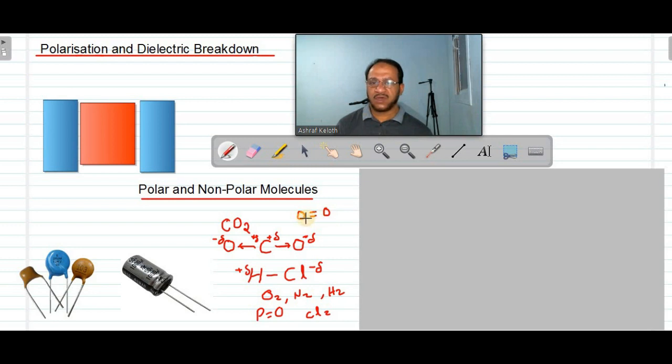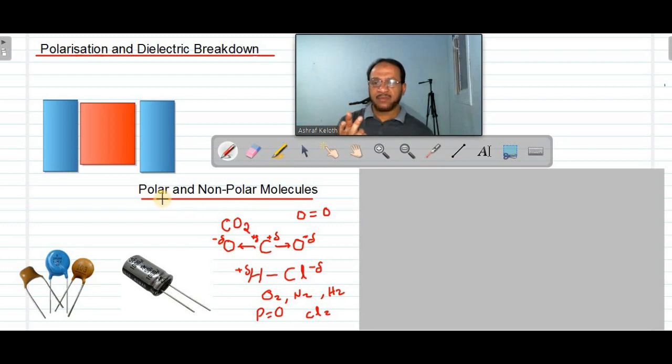So the forces, being equal and opposite, will cancel each other. Molecules of elements cannot have a dipole moment. Or we can say molecules of elements like N2, H2, Cl2 will always be non-polar, with no polarity and no separation of charges. Dipole moment will be 0.